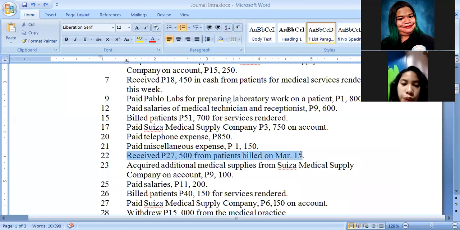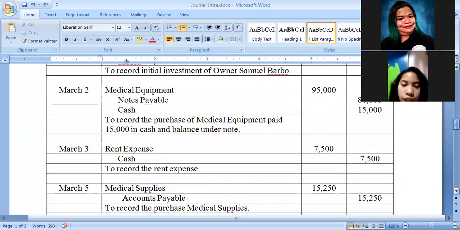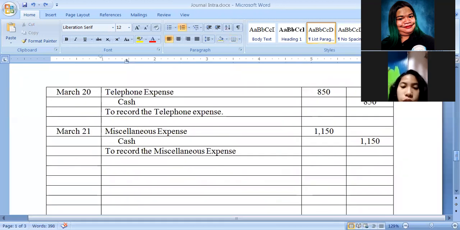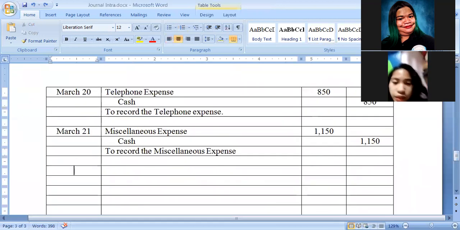March 22 received 27,000 from patients billed on March 15. So si Samuel naka-receive siya 27,500 na nakuha niya ato pang March 15. Atong unang ibutang kay ato ang date, which is March 22.